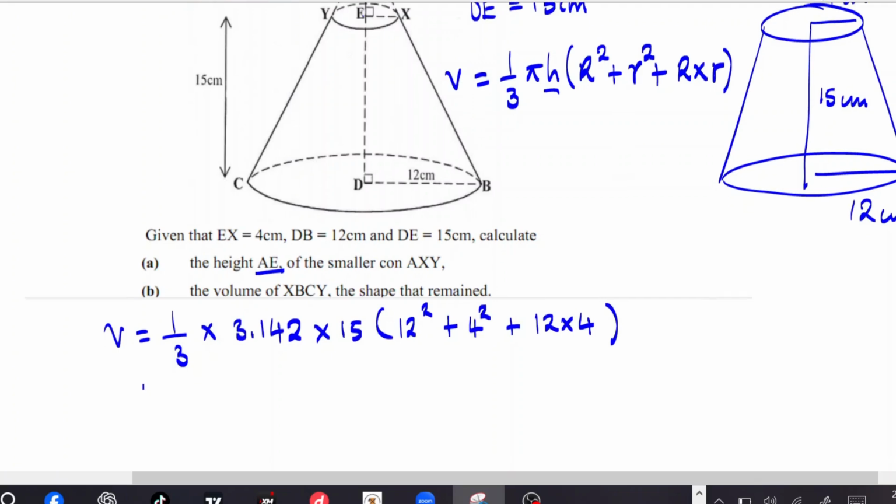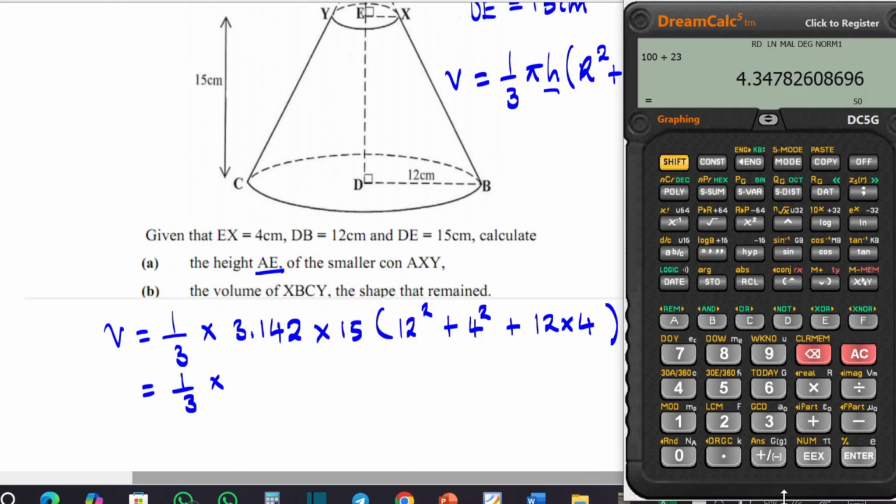Then you do the evaluation. Of course, you need to show this step where you evaluate. Let me just switch on my calculator. I think my battery will be going off soon. So you say 3.142 times 15.